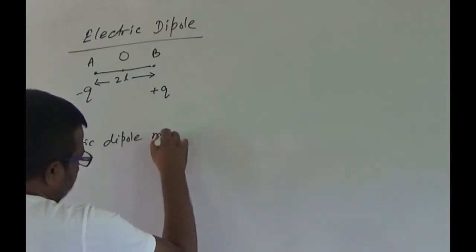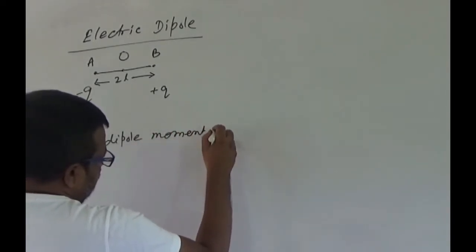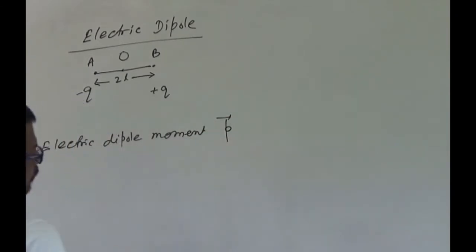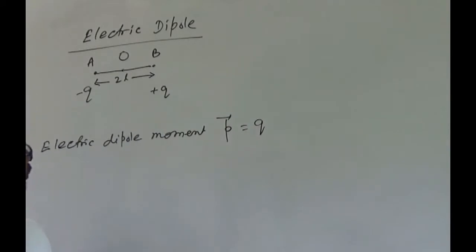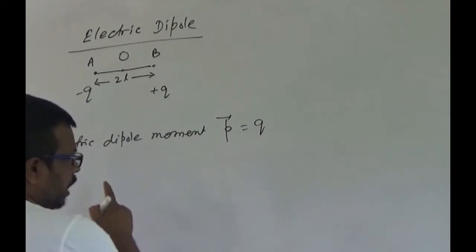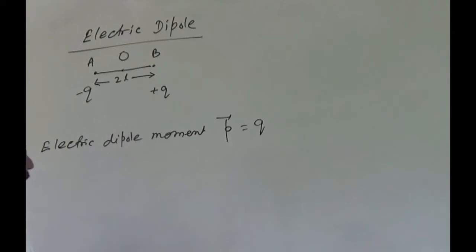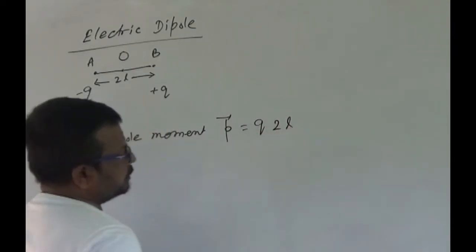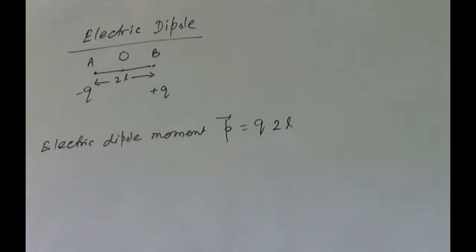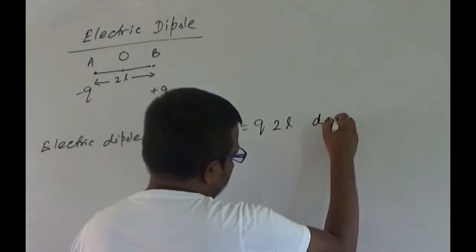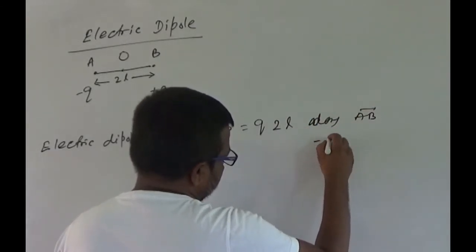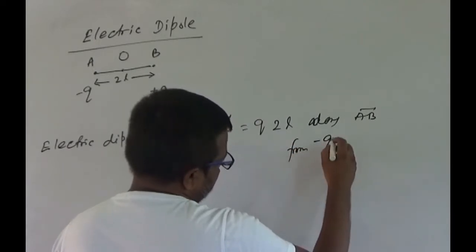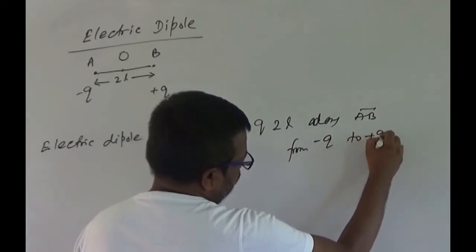Dipole moment is defined as a vector quantity whose magnitude is the product of the amount of charge of one point charge of the dipole and the distance between the two charges, and its direction is from negative charge to positive charge. That means its direction is along AB, from A to B, from minus q to plus q.